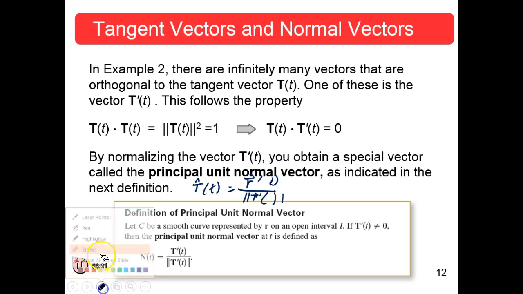So there's a unit tangent vector, r prime of t divided by the magnitude of that. Then take the derivative of this, and that T prime of t divided by its magnitude gives you the unit normal vector, the principal unit normal vector. And by the way, what makes it principal is that it always points to the inside of the curve.